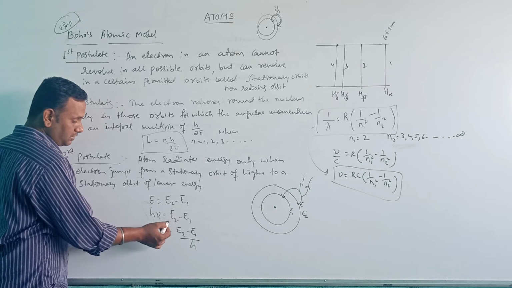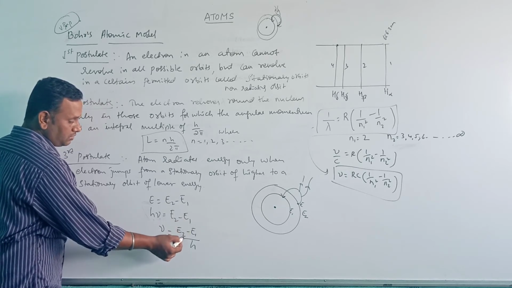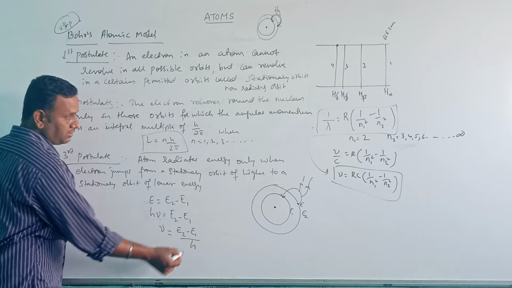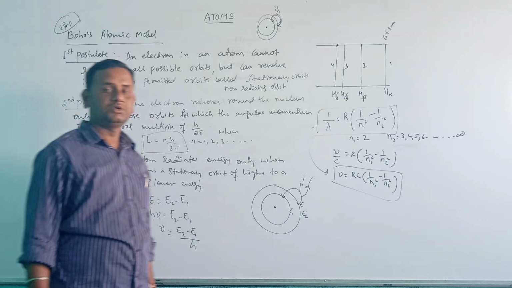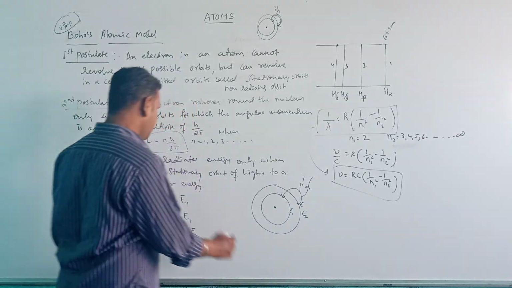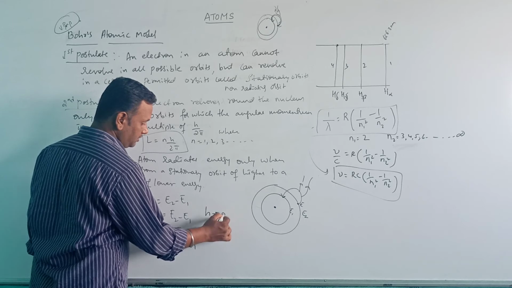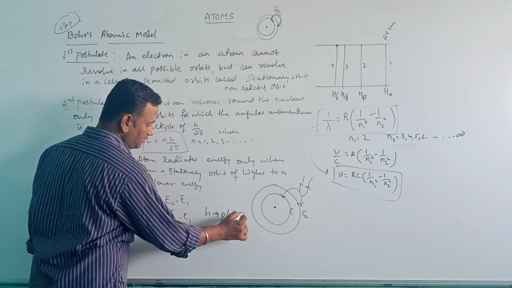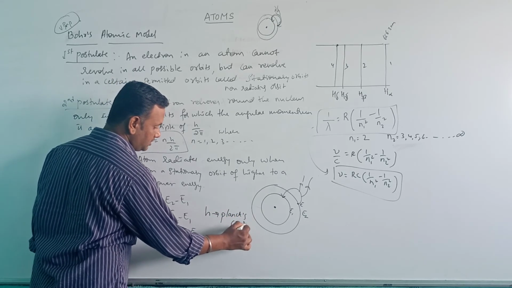So h nu is equal to E2 minus E1, and nu is equal to E2 minus E1 divided by h, where h is Planck's constant.